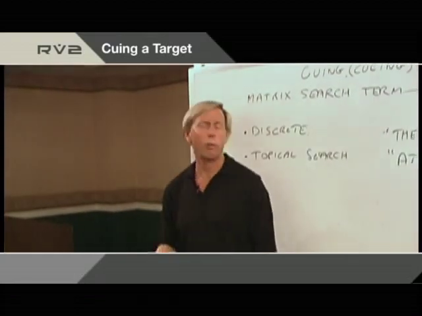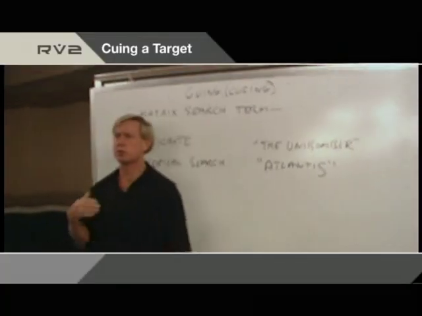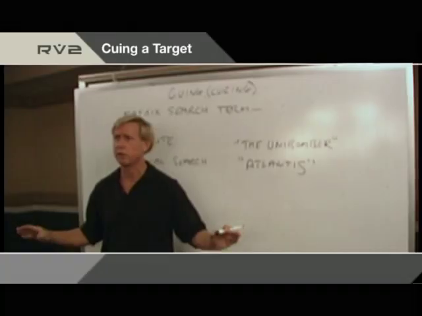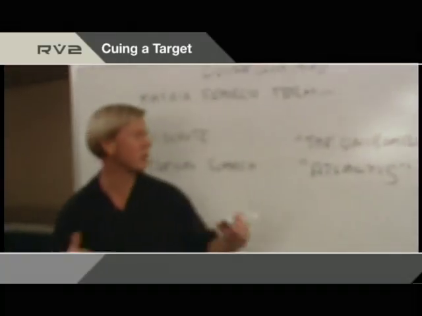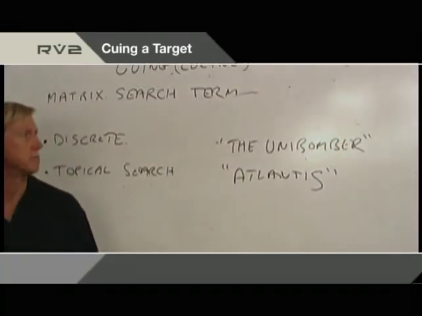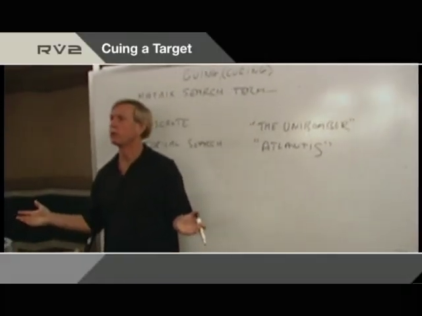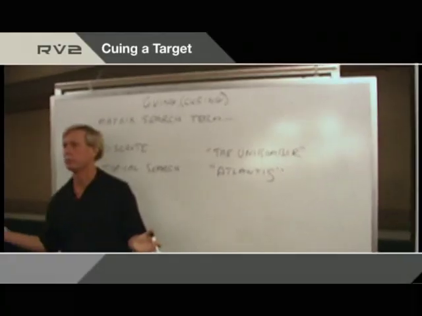We're not sure what Atlantis was. Was it simply a legend, a composite of legend and myth? Or purely apocryphal? Was it a real place? That kind of thing. We're not really sure. The Unabomber, what's that? Somebody or a group of people associated with mailing bombs.